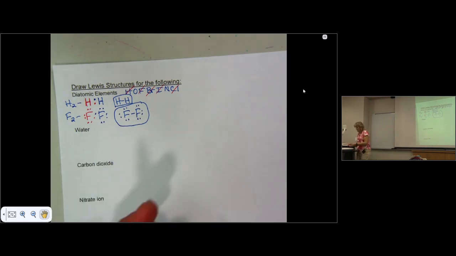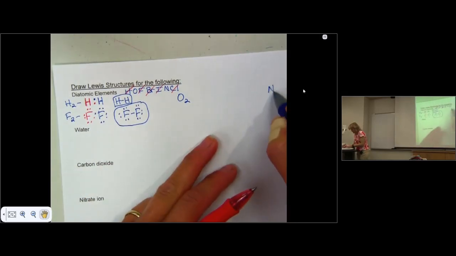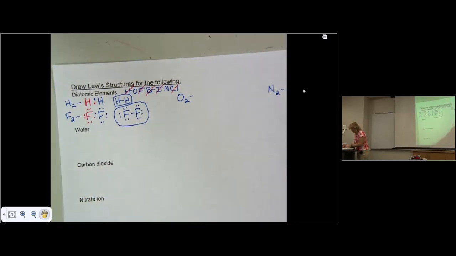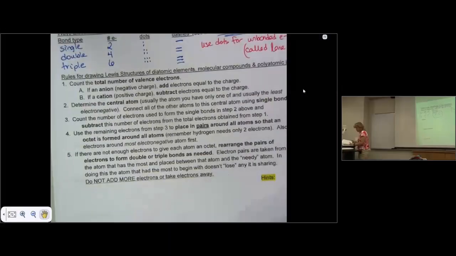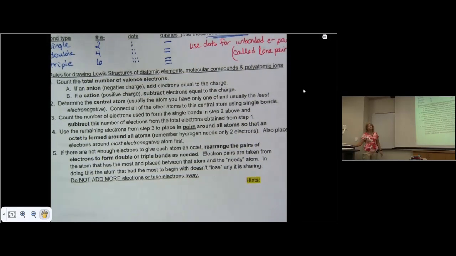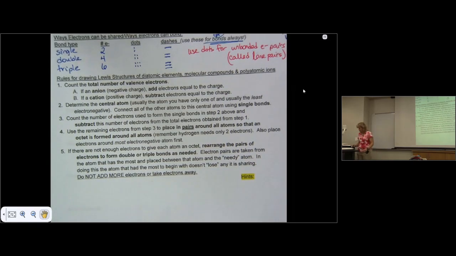They're all done. Now, before I do O2 and N2, I'm actually going to go back to my rules. And I'm going to be quiet. You read the rules. I'm going to quit talking. You read the rules. I'm not going to read them to you.